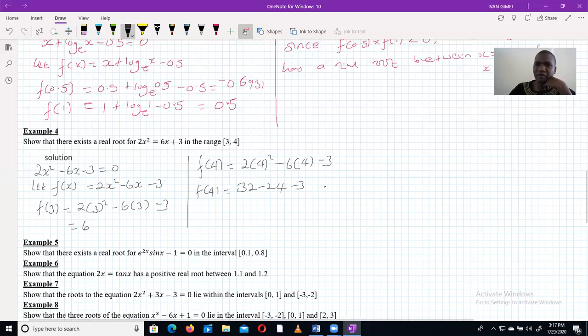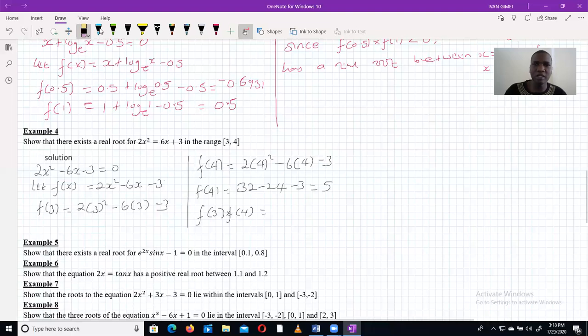Now, what is my f of 3 times f of 4? Going back to f of 3, if you put 3, 3 squared is 9, 2 times 9 is 18, and 6 times 3 is 18.